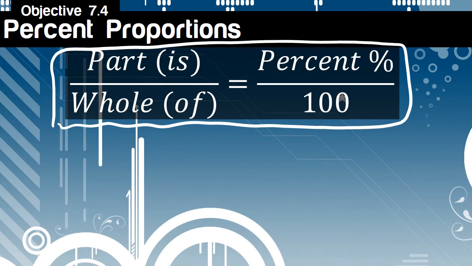Part is on the top, using the keyword is. If you see the keyword of, we're talking about the whole. This is going to be equal to the percent. So if the percent is listed, it goes in the numerator. And the word percent means out of 100. So anytime you put the percent in the numerator, the denominator is always going to be 100.